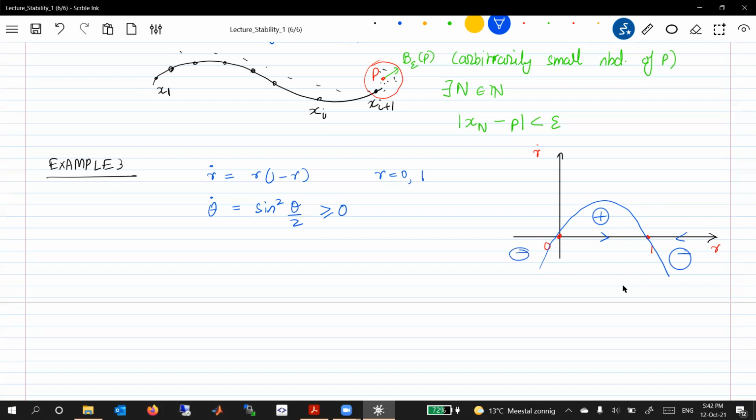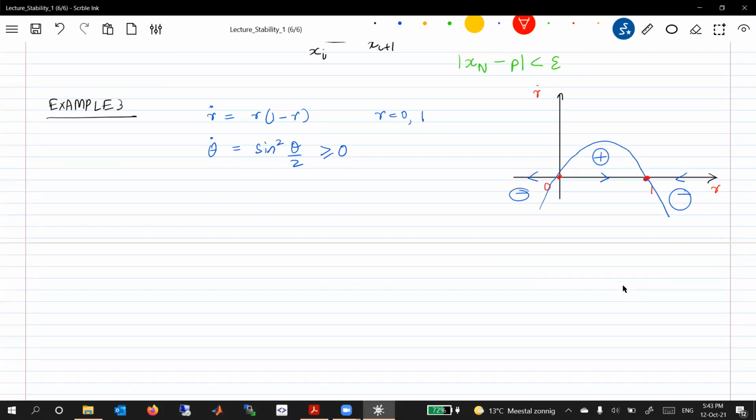It's also negative here, so it will decrease, right? So this is the behavior that we expect. We have this point, the fixed point one, to which all the trajectories are leading, which means that this is a stable fixed point of the first equation.